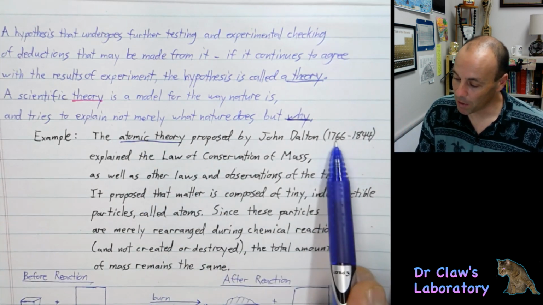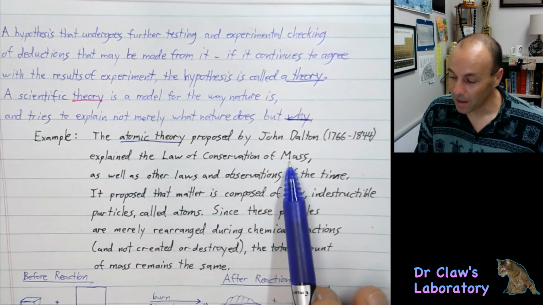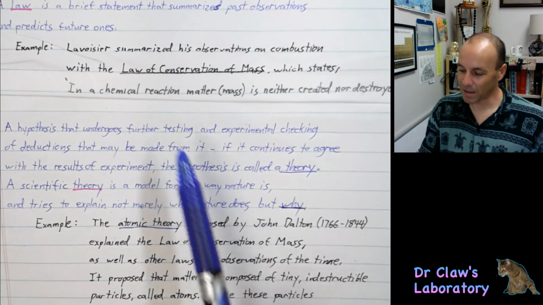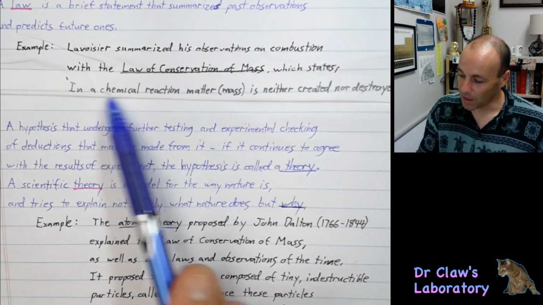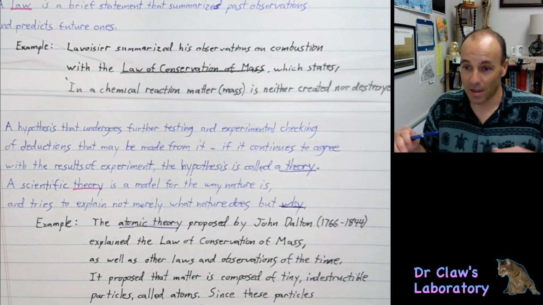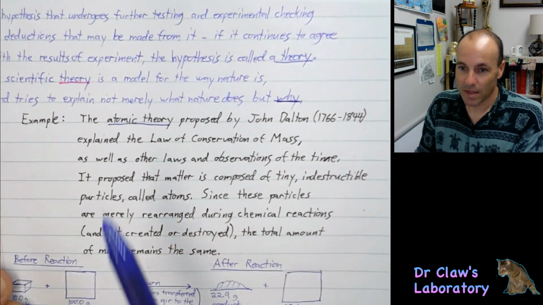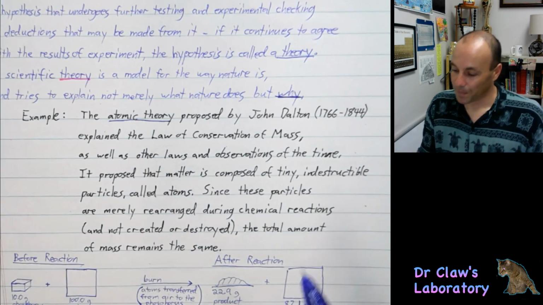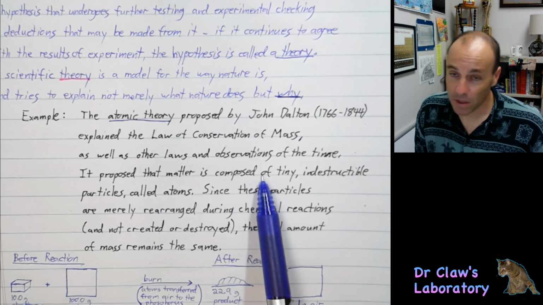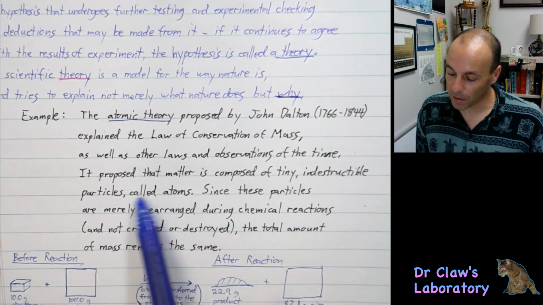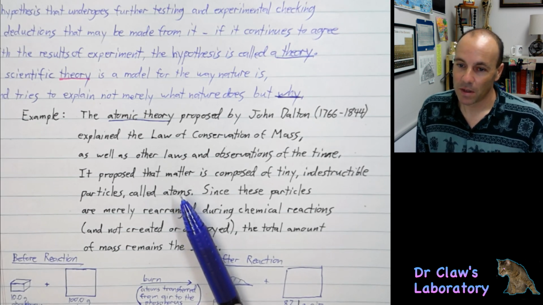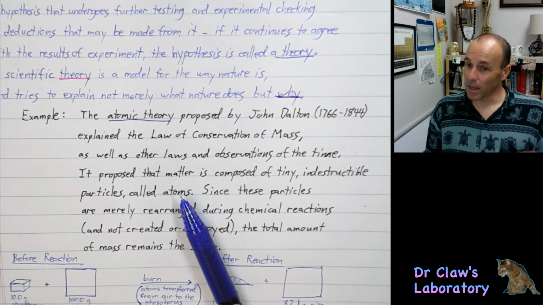The atomic theory proposed by Dalton explained the law of conservation of mass. Remember, the law of conservation of mass says you never lose mass and you never gain it. It's not created nor destroyed. It's always there. Well, the atomic theory tells us why. It proposed that matter is composed of tiny indestructible particles called atoms. He doesn't say where they came from.